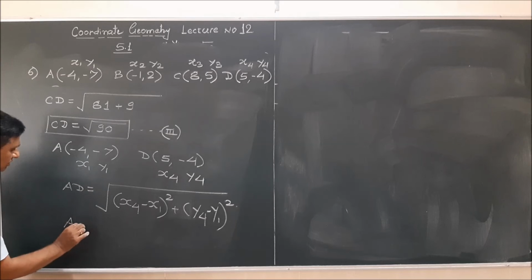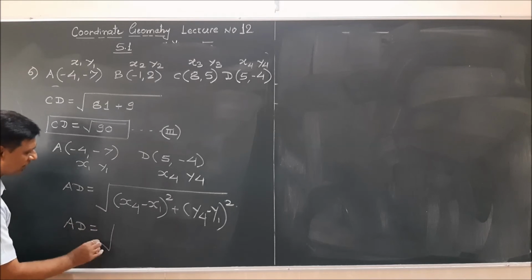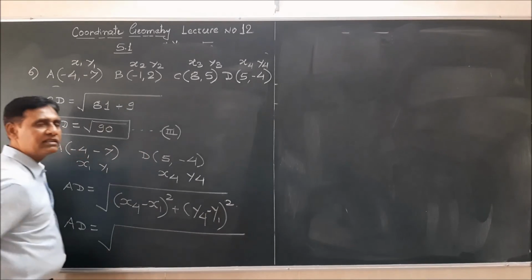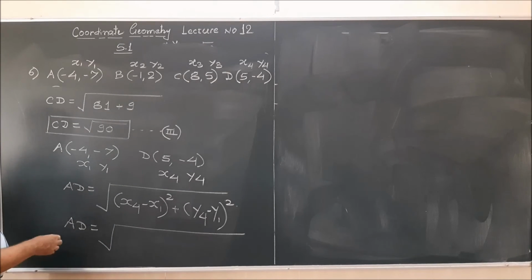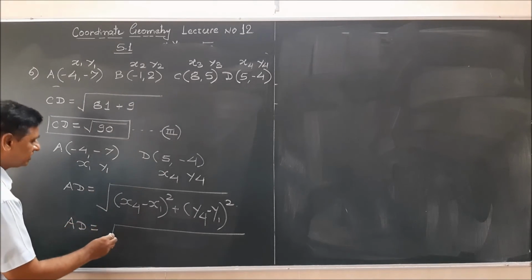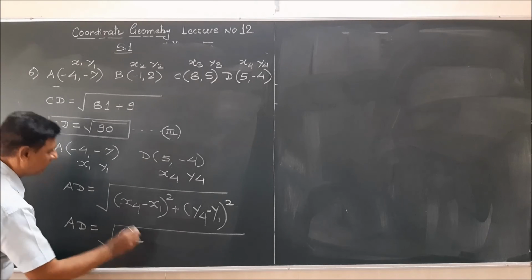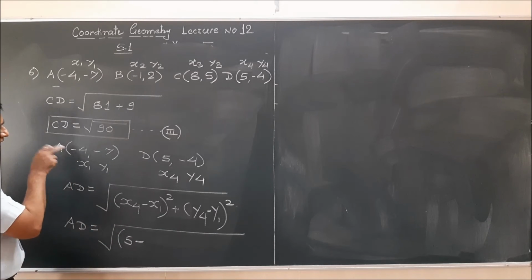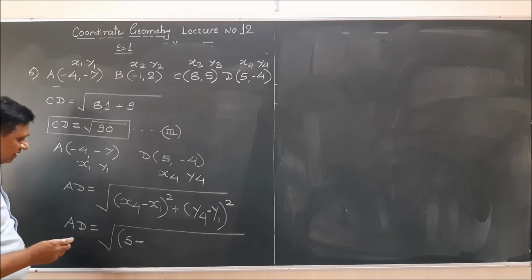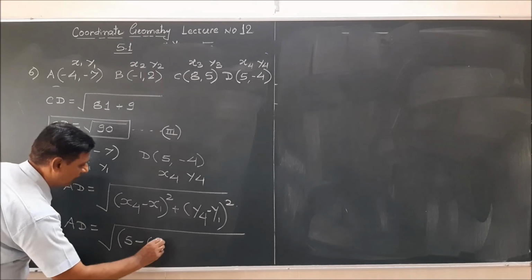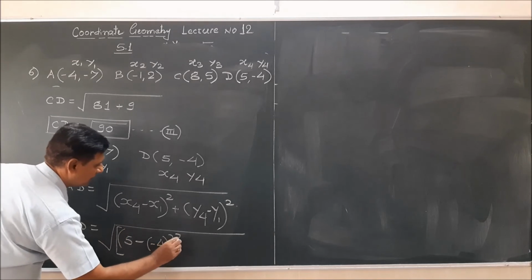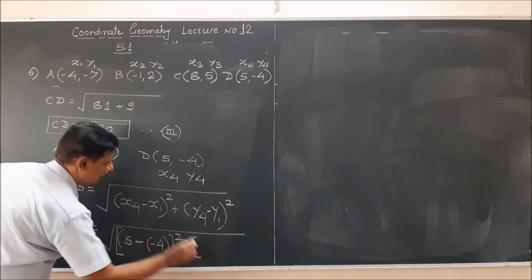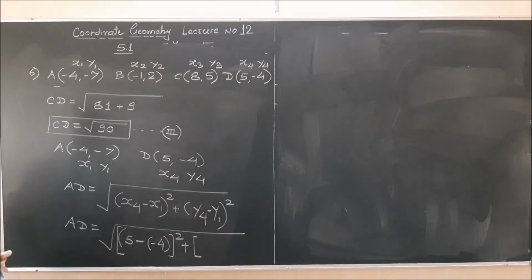So after writing the formula, our next step is to substitute the values. Now the value of x4 is 5 minus x1. Again x1 is with a negative sign, so minus of minus 4, whole square, plus y4 minus y1.